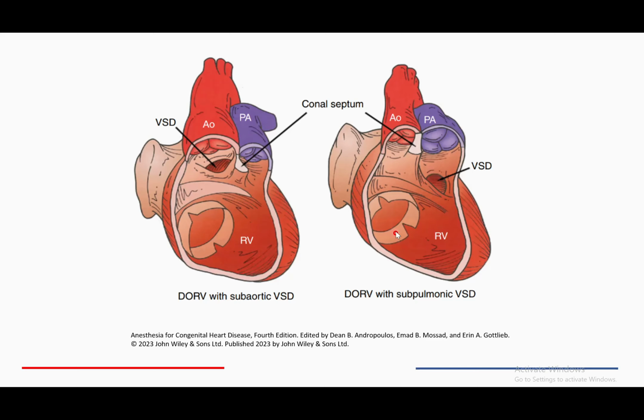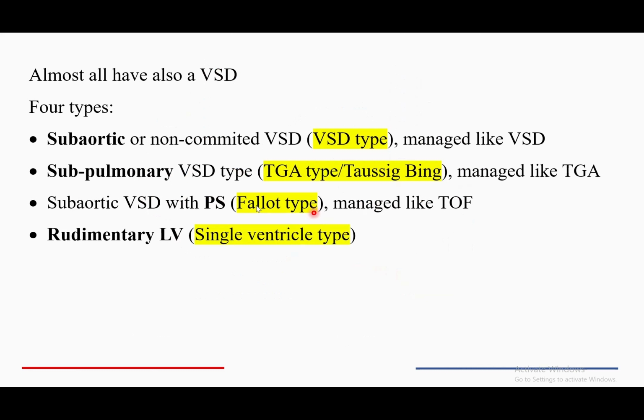So the blood from the vena cava will find it easier to flow to the aorta. So this is a pathology similar to a TGA. So we call it the DORV TGA type or Taussig-Bing. So a subpulmonary VSD, TGA type or Taussig-Bing, is managed like a TGA.